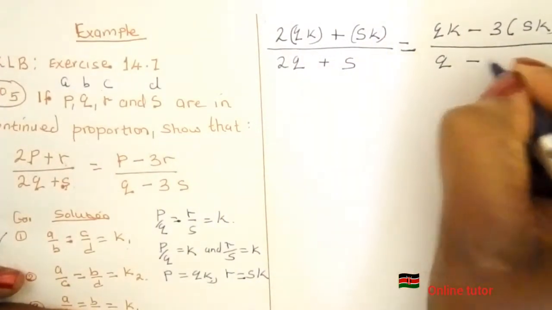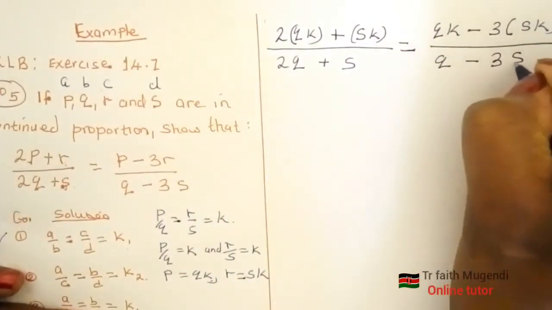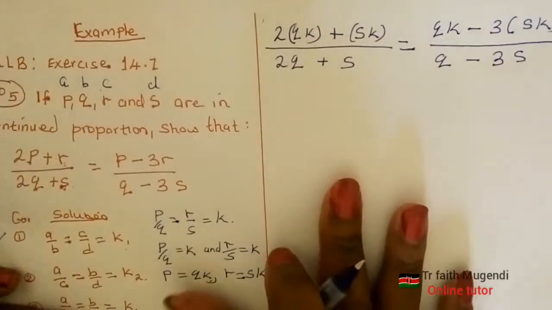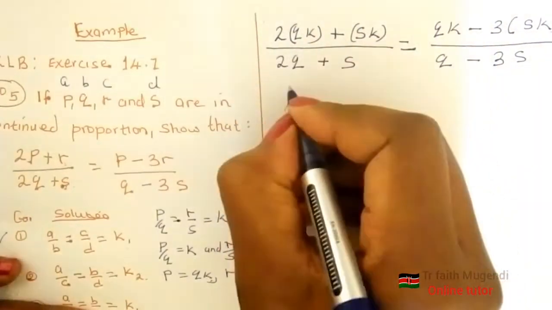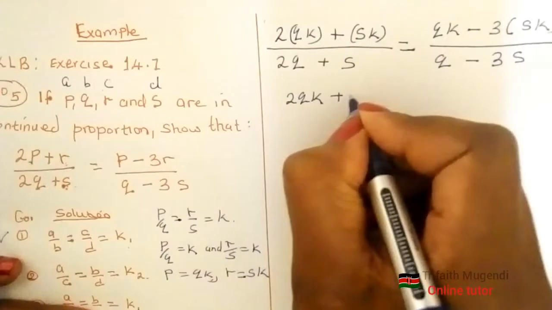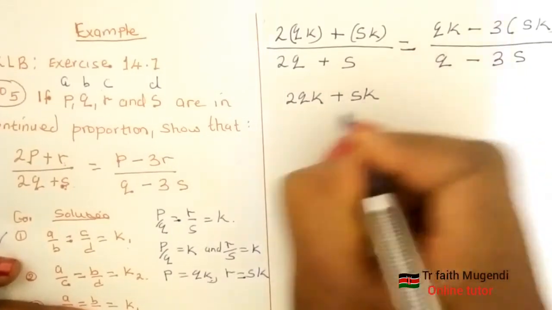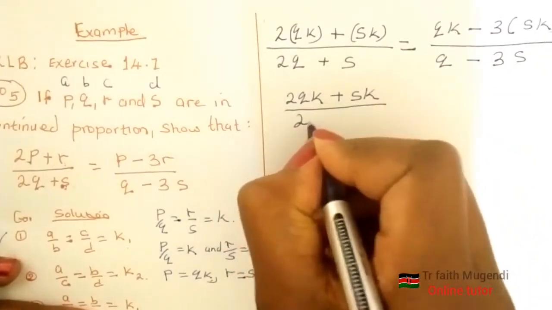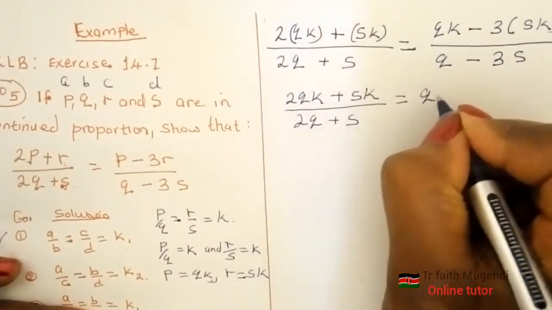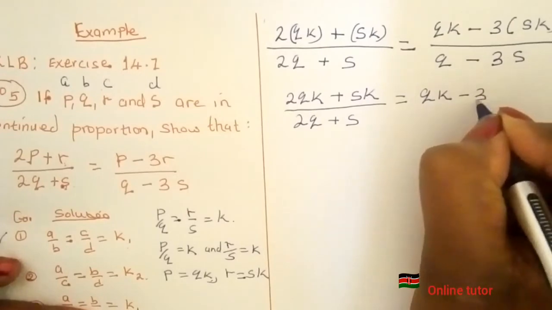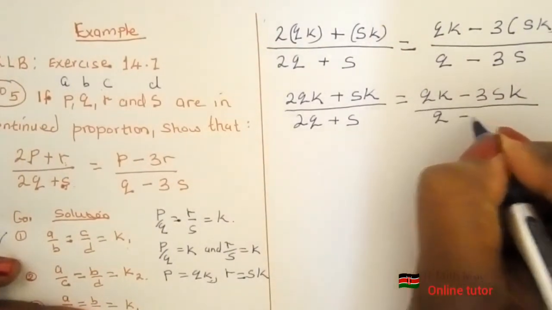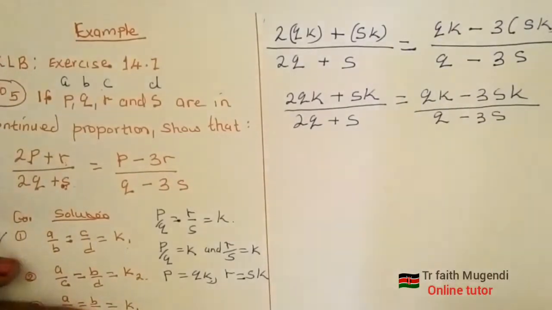Q minus 3S. So far, so good. So we have now 2QK plus SK all over 2Q plus S is equivalent to QK minus 3SK all over Q minus 3S.